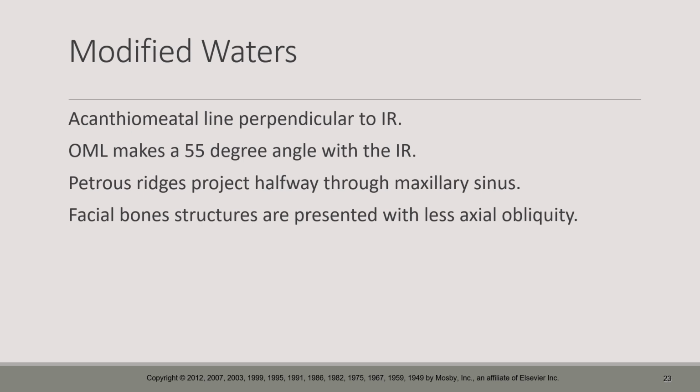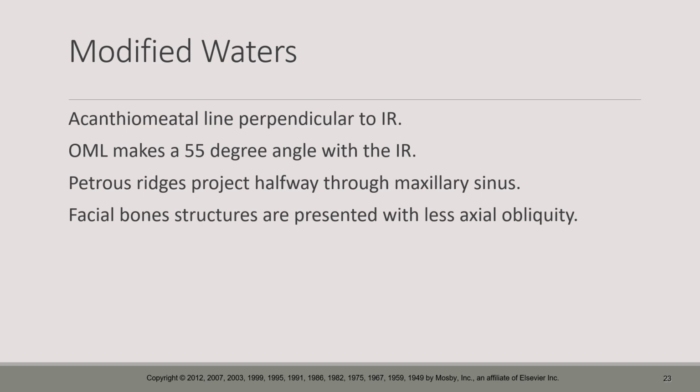Now we want to make the acanthomeatal line horizontal, in a vertical Bucky projection. Central ray still exits the acanthion. Acanthomeatal line horizontal, OML now at a 55-degree angle with the image receptor and the orbital floors.